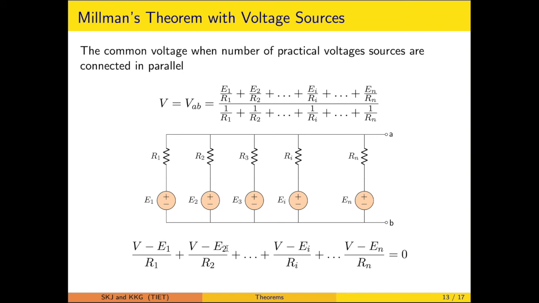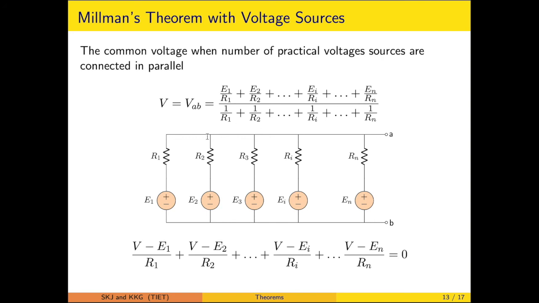In this way you proceed, and the summation of all outward or inward currents is to be taken as 0. That is the KCL arrangement. When you rearrange this, the expression results likewise.